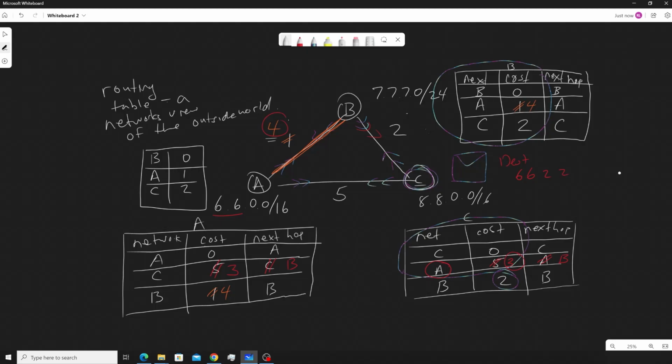And so when B advertises 4 to get to A, C over here is going to say, no, I prefer the existing value of 3.